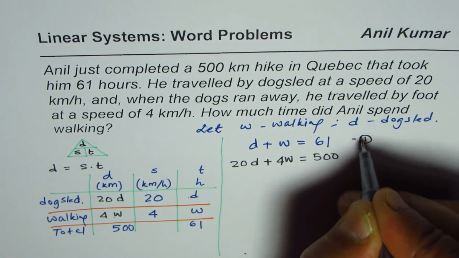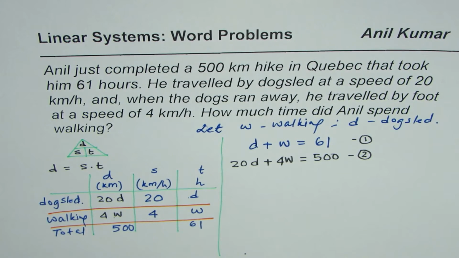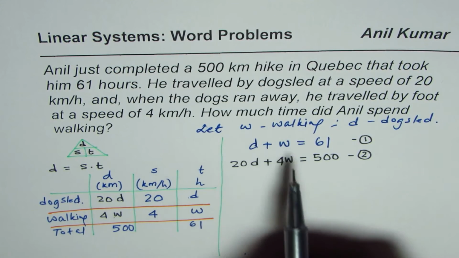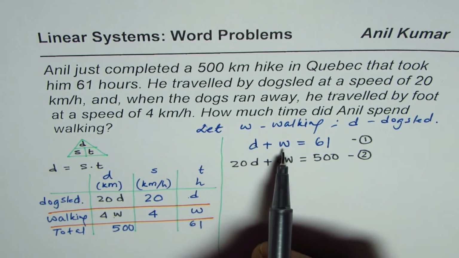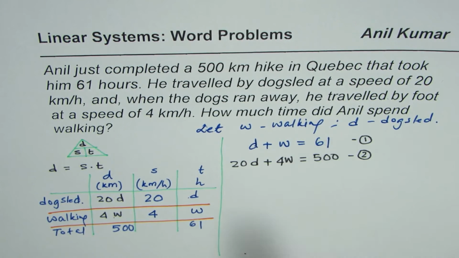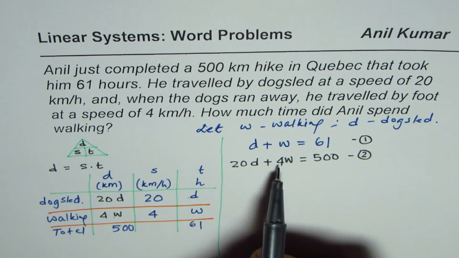That gives us two equations, equation 1 and equation 2. We have two variables and need to solve for W. We can simplify this equation a bit by dividing by 4.